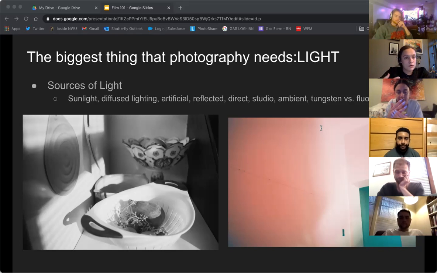By having more light, it's easier to take photos. By having less light, you're going to have to understand some of the concepts and the specific settings that you have to have on your camera, which I'm going to explain. But what's important is that you understand where your light's coming from and how to access it and actually use it within photos.